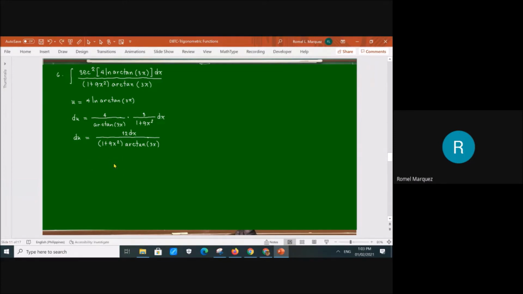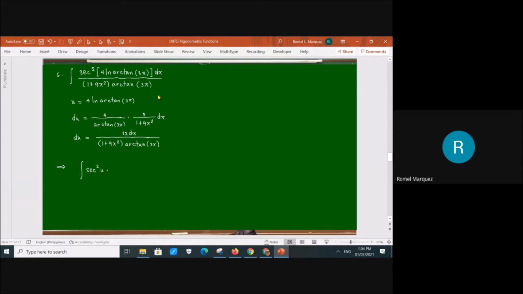And then after that, looking at the given, almost everything is there, except 12, I think. So how can I write the given integral? Integral of secant squared, if you feel it is bulky, you can write this as secant squared u. What is the du?